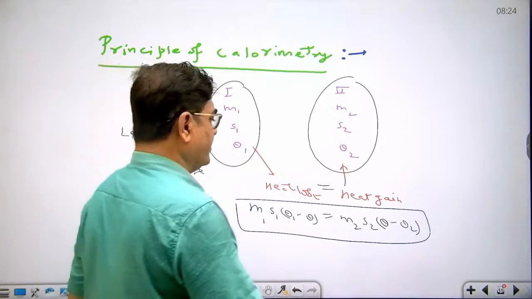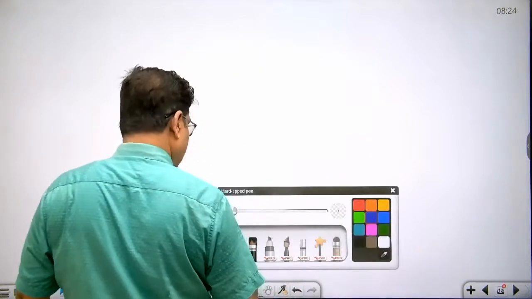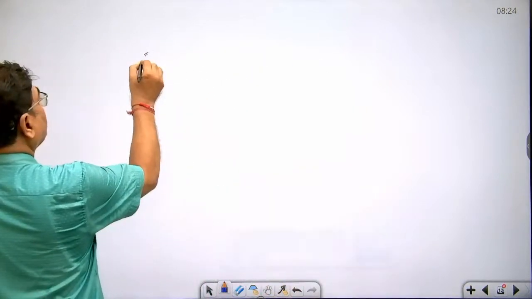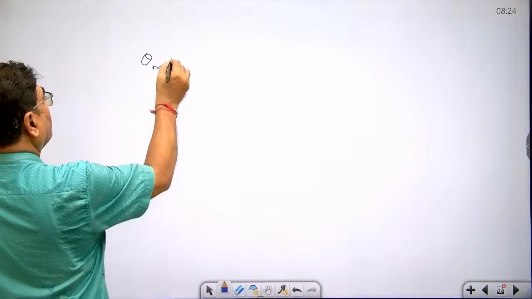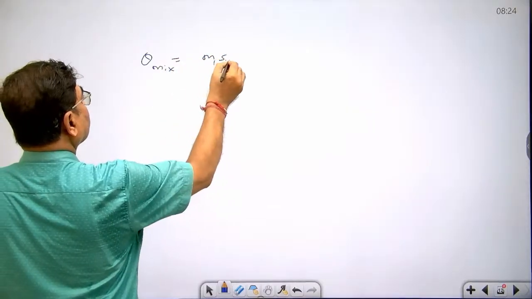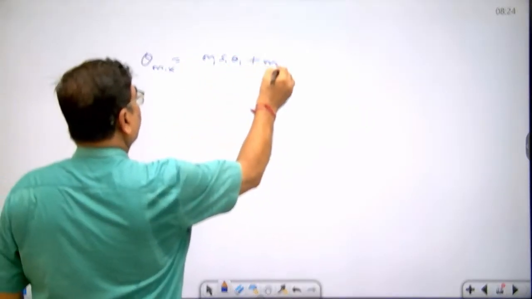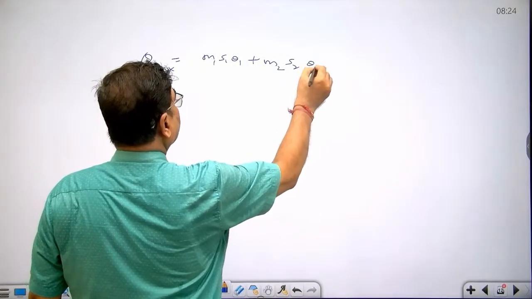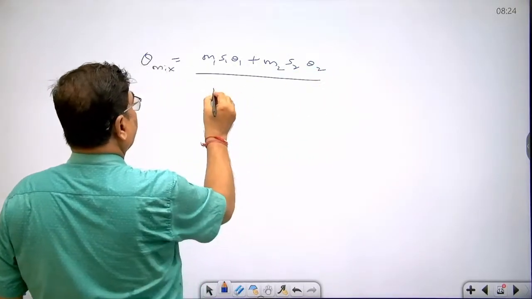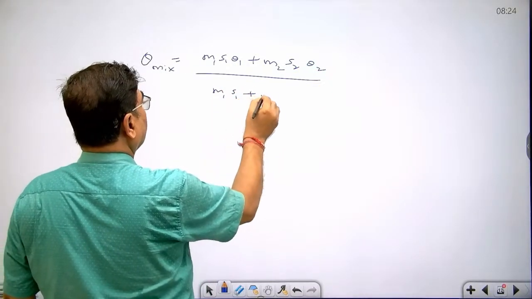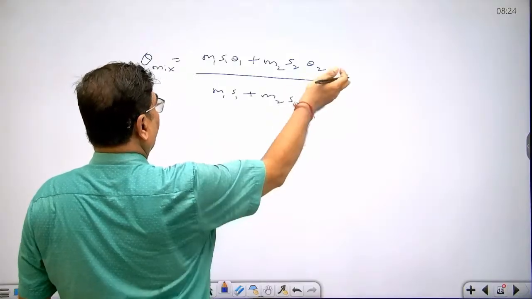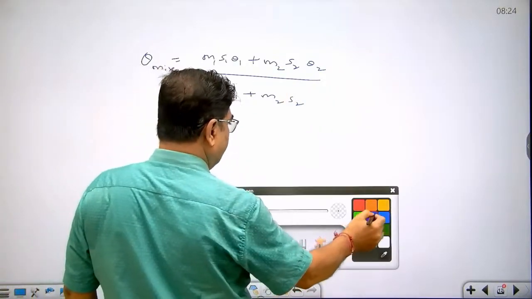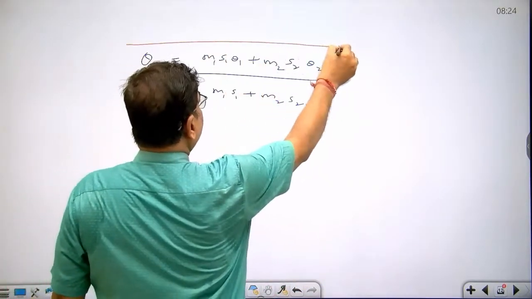If you solve this equation, you will get this relation: theta mixture equal to M1 S1 theta 1 plus M2 S2 theta 2 divided by M1 S1 plus M2 S2. If more liquids are added, then a similar expanded form will come, okay?